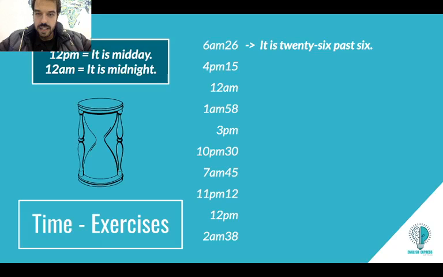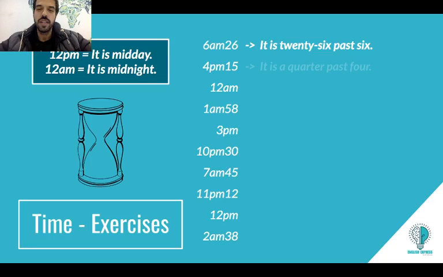Amazing. Our second example, 4:15 p.m. In this case, it is a quarter because it's a special situation. It's number 15. So it is a quarter past 4 because for 15 we use past, right?